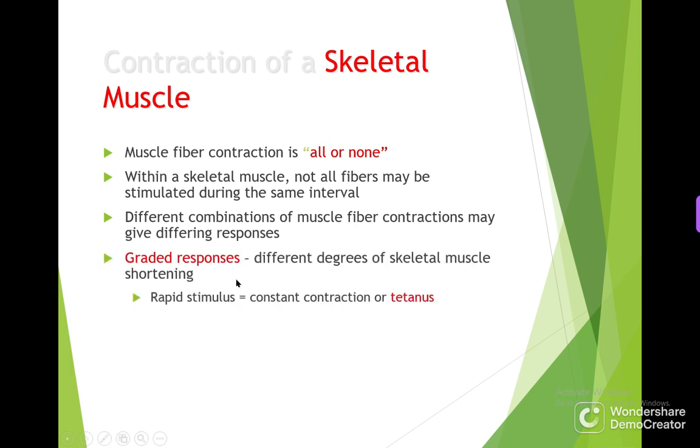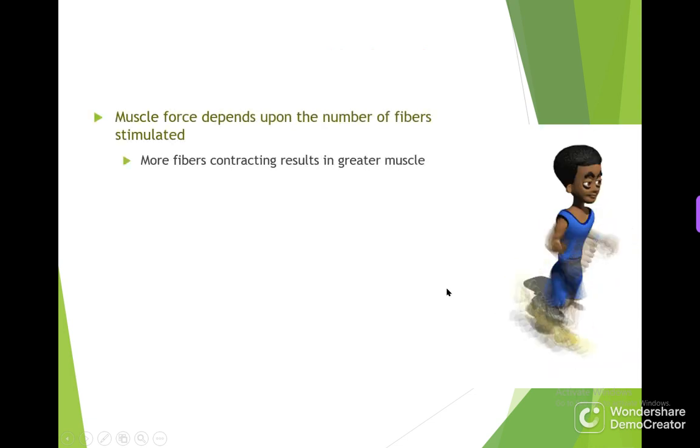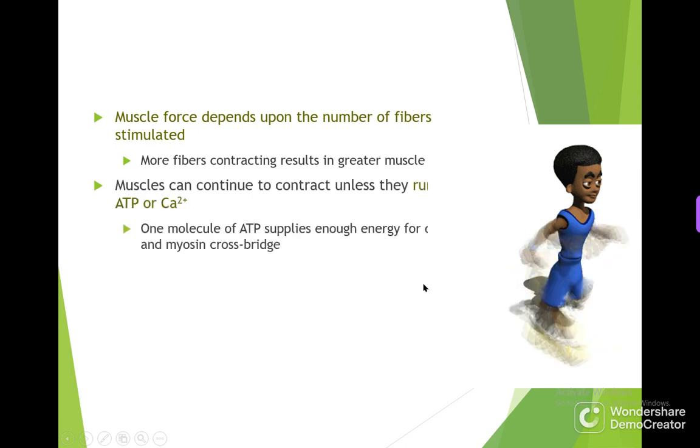Now, graded responses are different degrees of skeletal muscle shortening. Rapid stimulus will cause the constant contraction, or tetanus, that is called. This is how the muscle force depends upon the number of fibers stimulated. If you are running, more fibers contract, resulting in greater muscle activity. Muscles can continue to contract unless they run out of ATP or calcium.